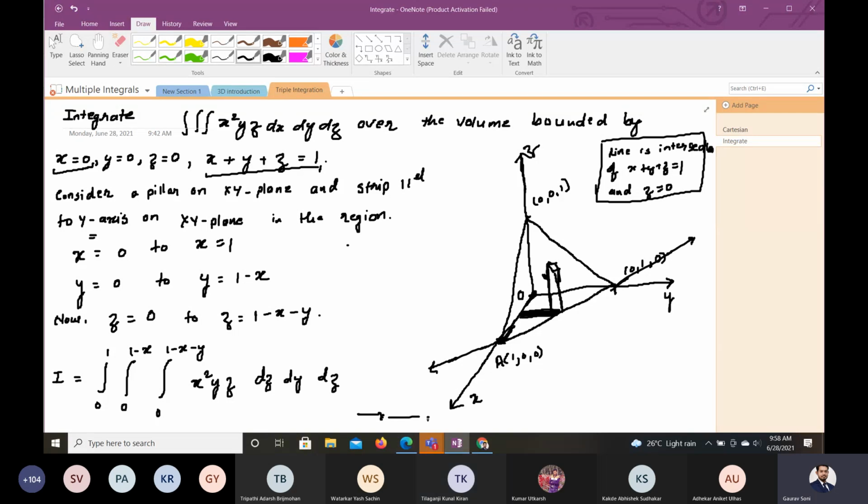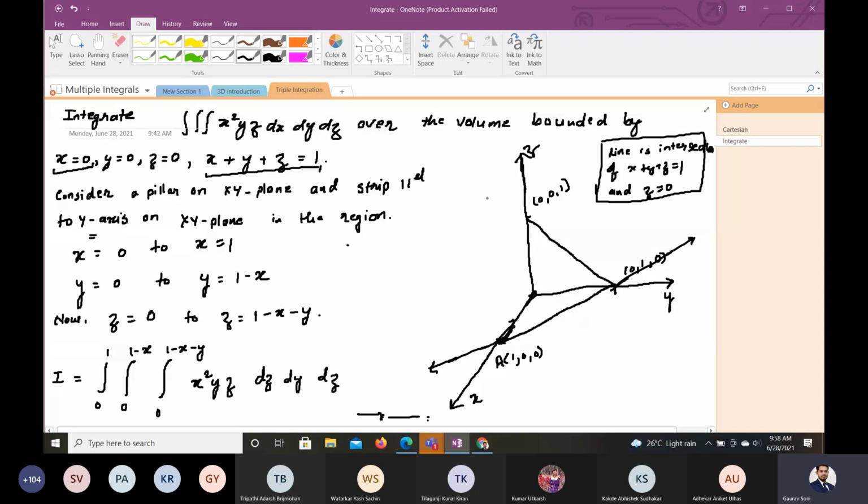If you change the plane which you are covering, for example, if I wish to take the strip on this XZ plane, on this side I'll take the strip parallel to the Z axis.